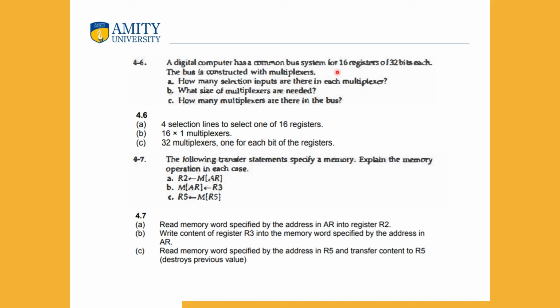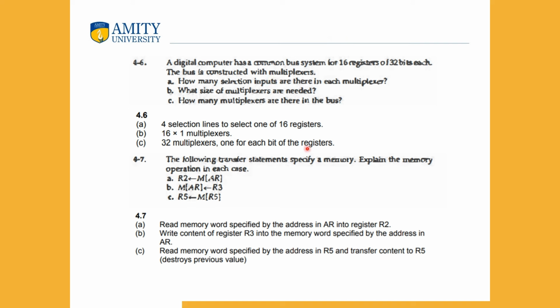So in a bus system, the number of registers is equal to the number of bus inputs, but since each register has 32 bits, we will be using 2 mux per register. So 16 bits for one mux, 16 bits for the other, which will cause in total 32 bits. So 16 registers means 16 mux, but since 2 mux are used for each register, we have a total of 32 multiplexers.